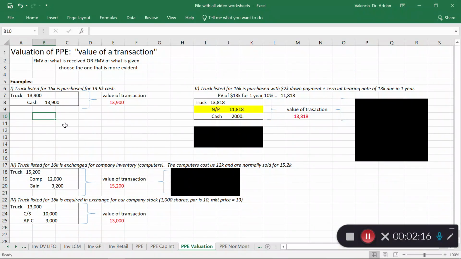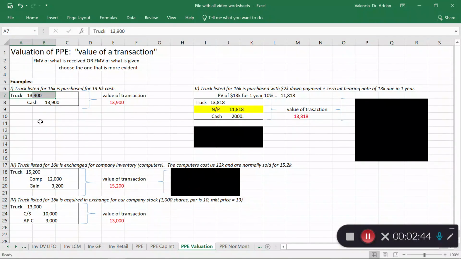Now, obviously, cash is the best metric of fair market value, right? So instead of relying on the listed price of the truck, we use the value of the exchange of cash. Okay, so that one's straightforward. We understand that. So we hence value the transaction at $13,900. We capitalize the truck and then we credit cash for the amount that goes out of our pockets.